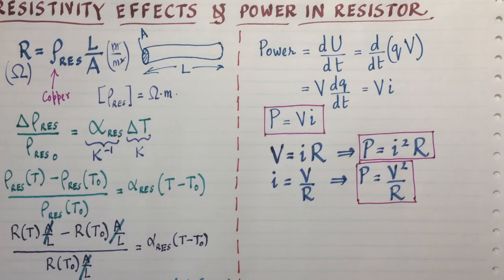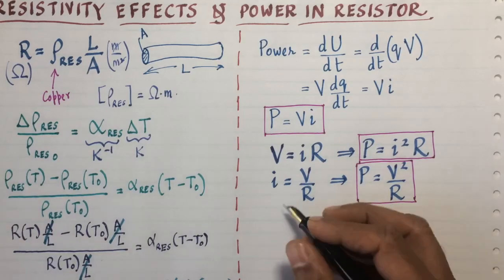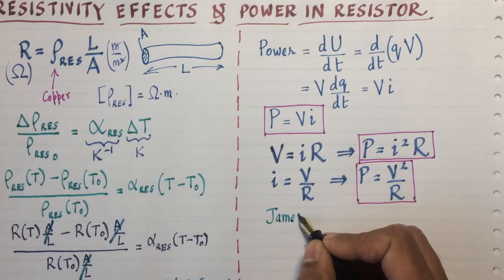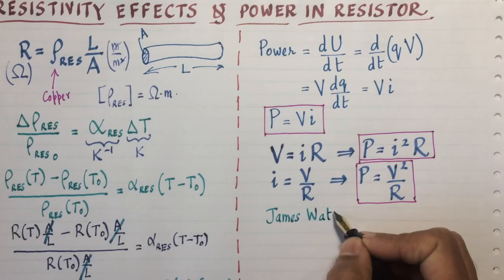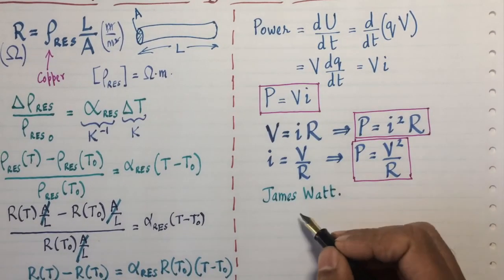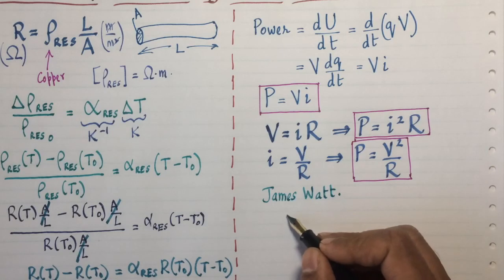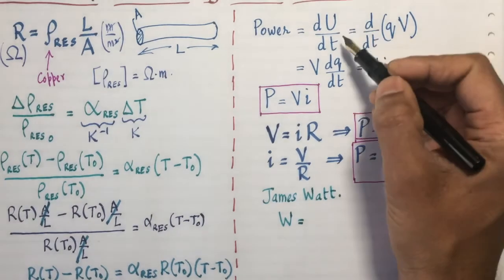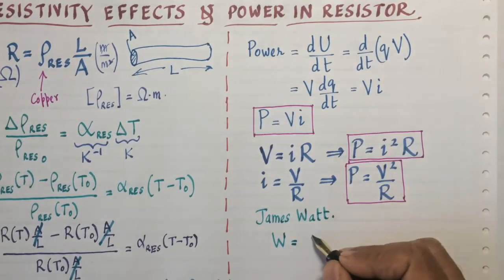Now the one last thing I need to discuss are the units of power. So the power is measured in units called watts, named after the inventor of the steam engine, James Watt. So let's see what it is. Watts equals, first of all, joules per second.